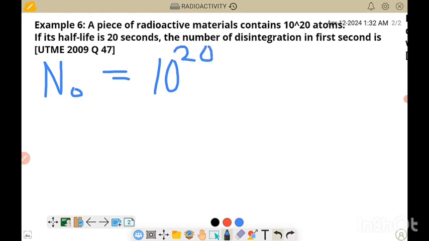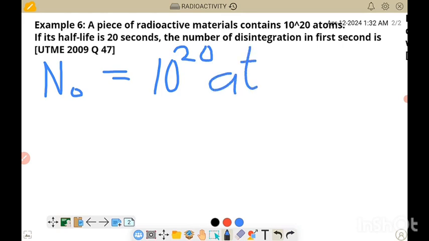Now, what the question is saying is that we have a piece of radioactive material that contains 10 raised to power 20 atoms. That is the initial value given, N naught equal to 10 raised to power 20 atoms.